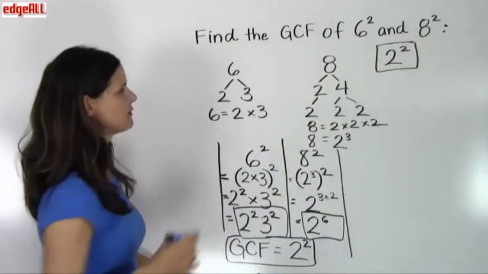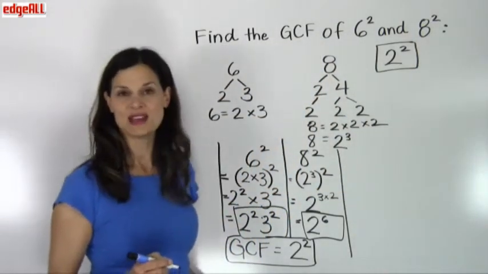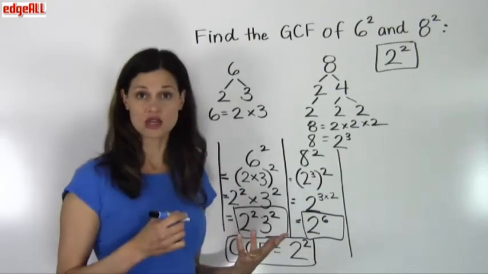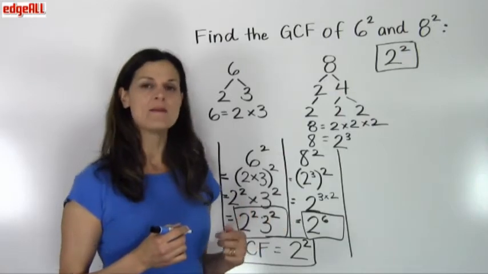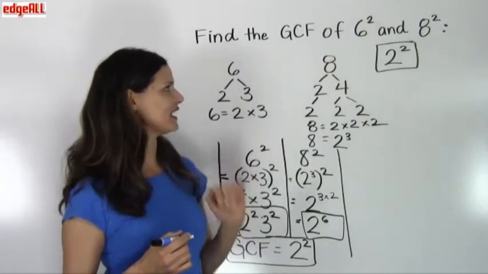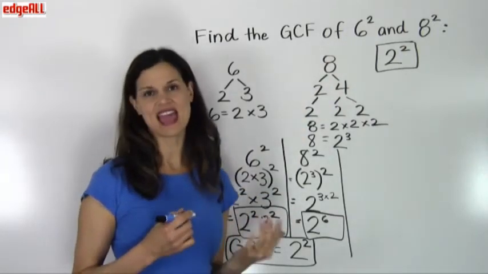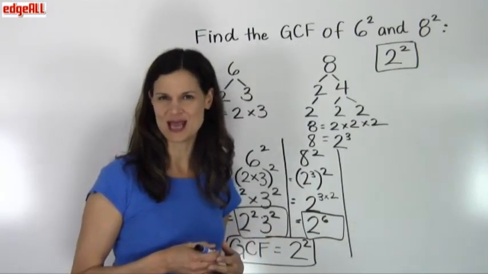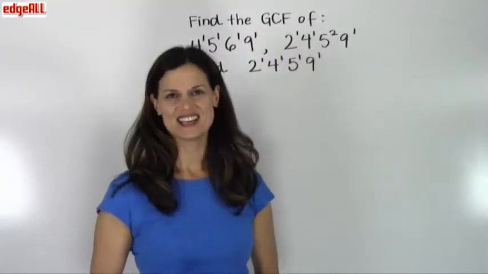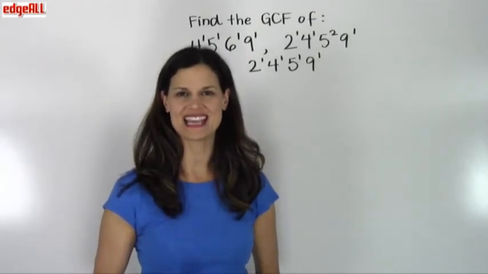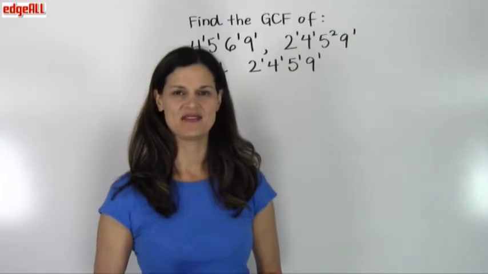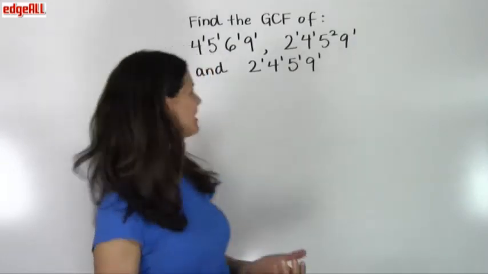The greatest common factor is 2 squared. Now we know that 2 squared equals 4, so it wouldn't be wrong to report the answer as 4. But when I have my numbers given using exponents, then the expectation is that I'm giving my answer using exponents as well. Let's look at a more complex example of finding the greatest common factor of numbers using exponents.